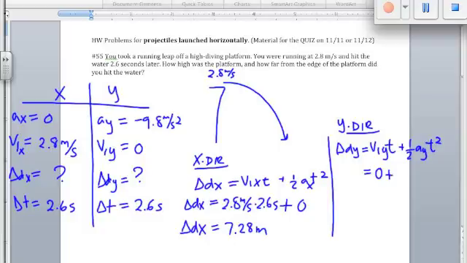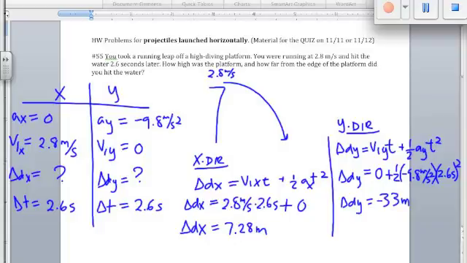Acceleration is negative 9.8 because we're looking at the vertical motion. And again, time is 2.6 seconds. When I calculate dy, I got 33 meters, and it should be negative because we're falling down.